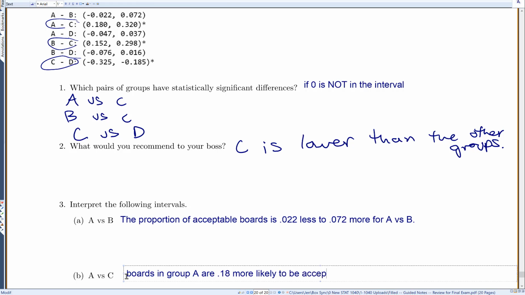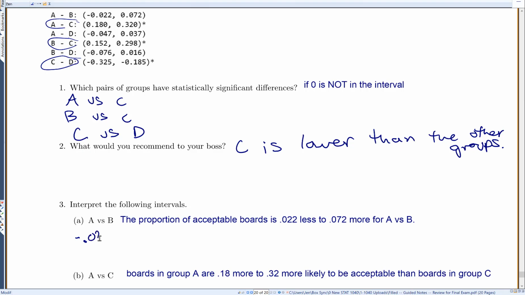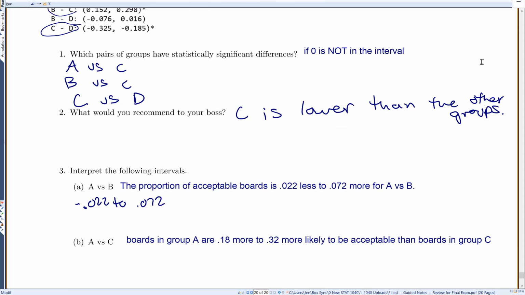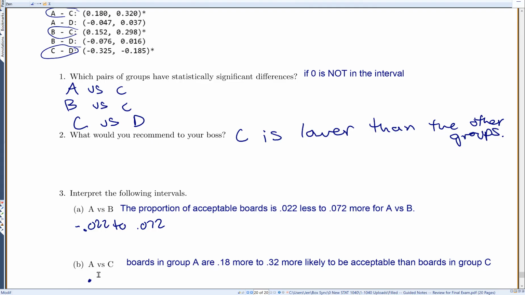Boards in group A are 0.18 more to 0.32 more likely to be acceptable than boards in group C. Let's write these numbers here. A versus B was negative 0.022 to 0.072, and A versus C was 0.18 to 0.32.